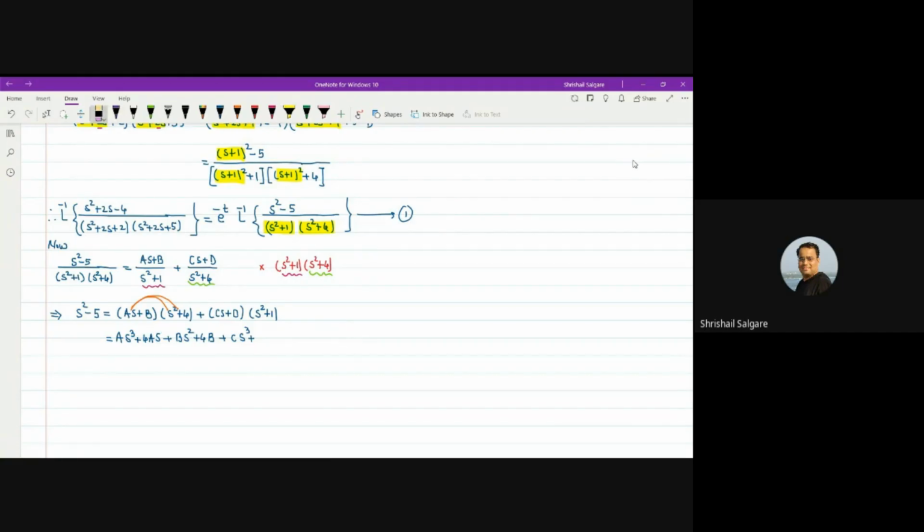Yes, now it's okay? Very good. c into s cube plus c into s plus d into s square plus d.